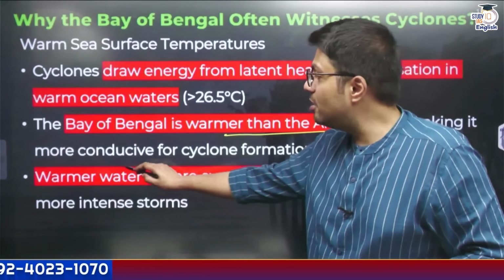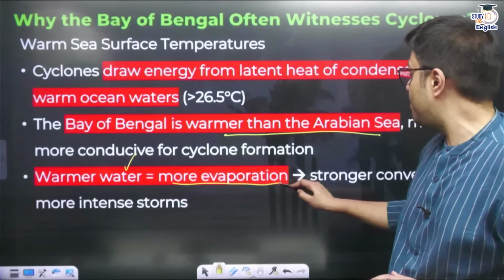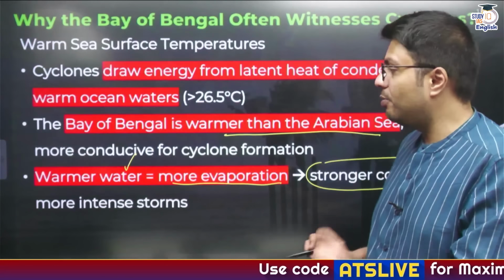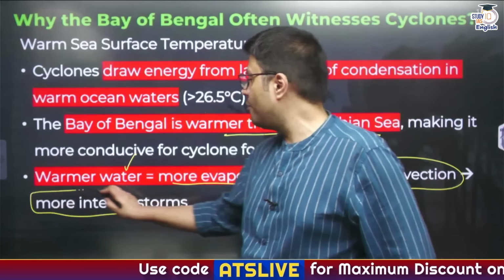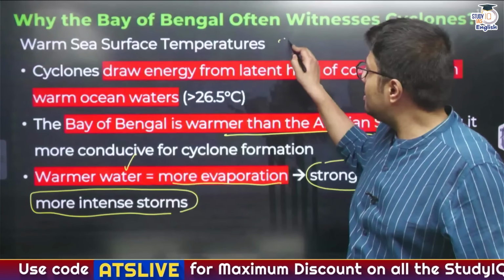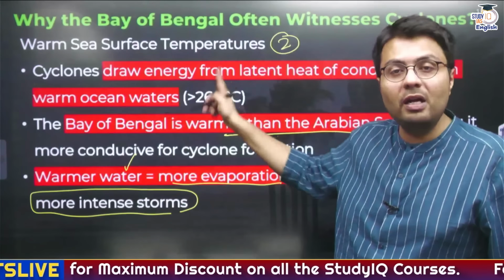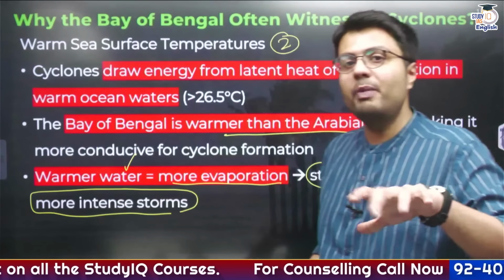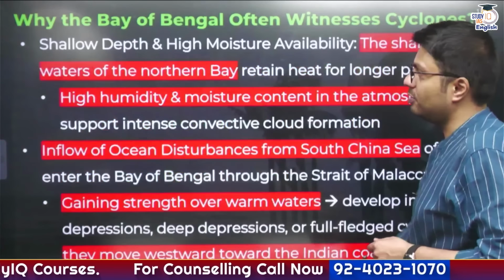Because warmer water leads to more evaporation, therefore stronger convection happens, which leads to formation of more intense storms. So this is the second reason. In addition to funnel like geography, the second is warmer sea surface temperature in the Bay of Bengal, which favors development of cyclones.